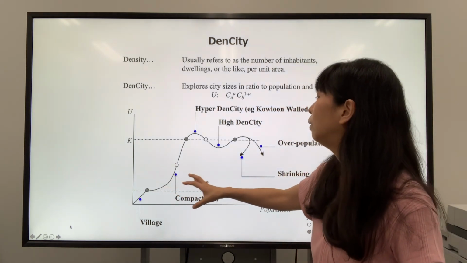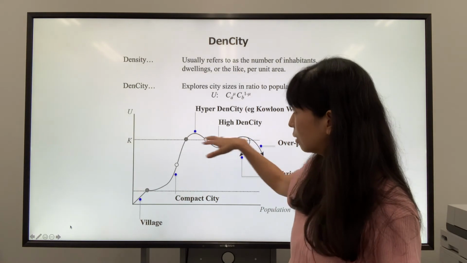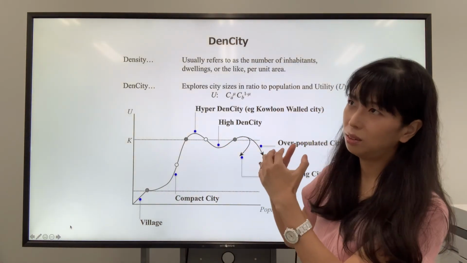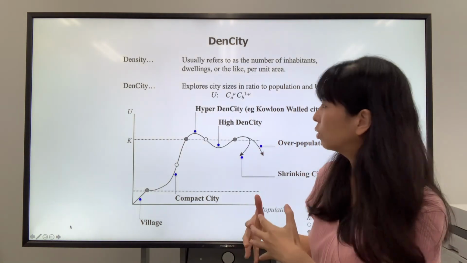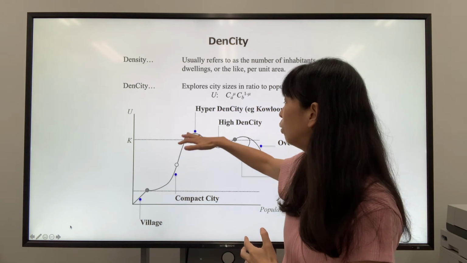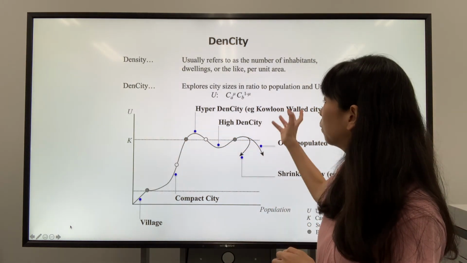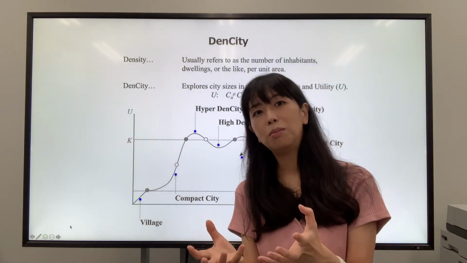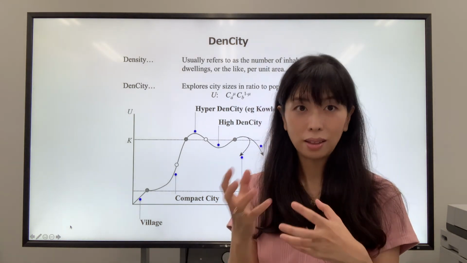Then it reaches a position whereby it might go beyond the capacity of the community it has, also in terms of the ecology it has. However, your utility is increasing. Maybe in terms of Kowloon Walled City, the living condition may not be the best, and could be quite unhealthy.